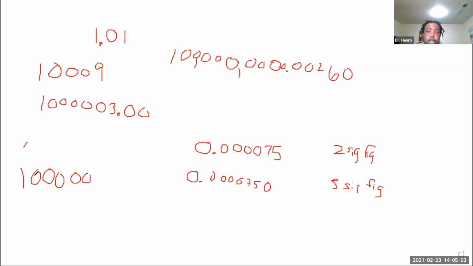So how many significant figures do I have in this case? 1. So these zeros are placeholders. They're letting us know that we have 100,000, and not that we have 1.